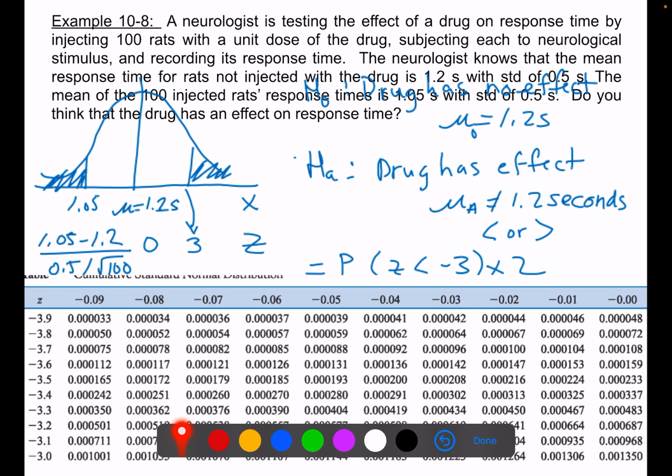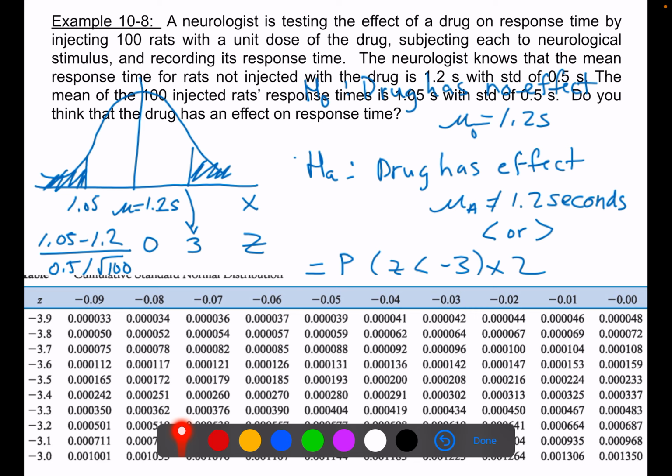So that means, does this drug change the response time from 1.2 seconds, right? I think it does, even before calculating, because 1.05 is quite far from 1.2, right?